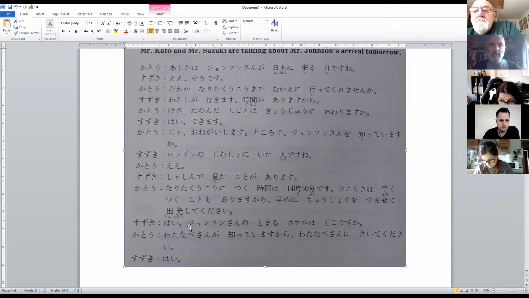Johnson-san no tomaru hoteru. So the hotel that Johnson-san is going to stay in, and that's it. And the arrival time, the tsuku jikan wa? Tsuku jikan. Yeah, exactly. Good. So the arriving time.